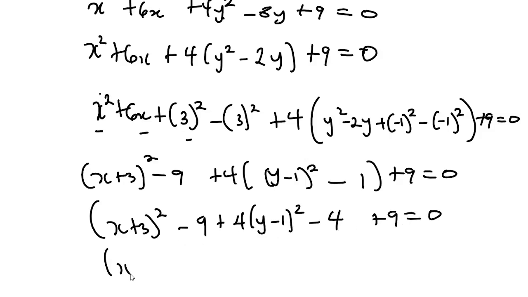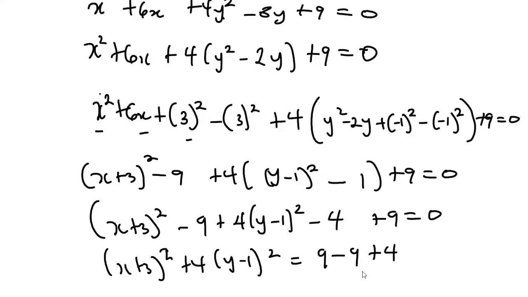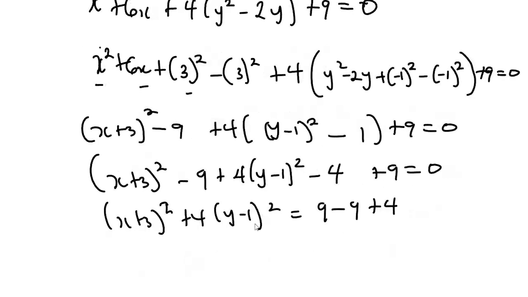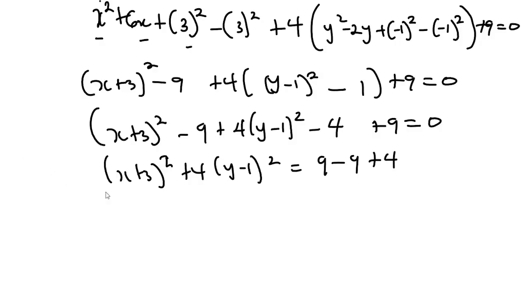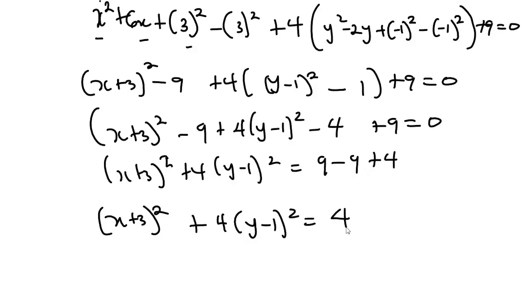Can have x plus 3 all squared plus 4 y minus 1 all squared equal to 9 minus 9 plus 4. Then we have 4 on the other side. So this is going to give us x plus 3 squared plus 4 y minus 1 squared equal to 4.